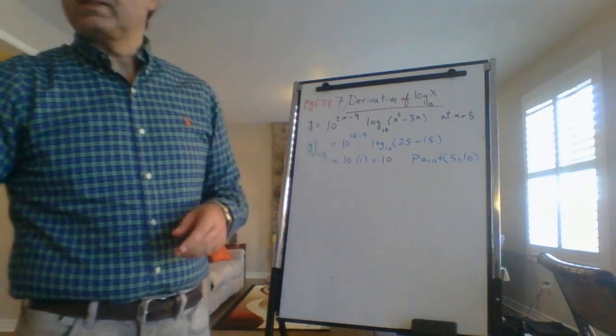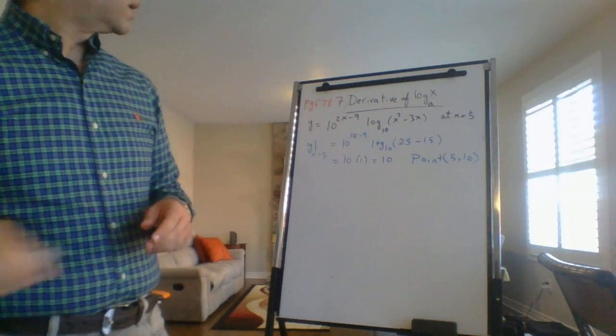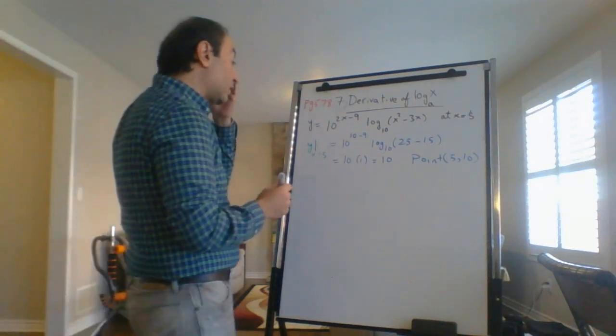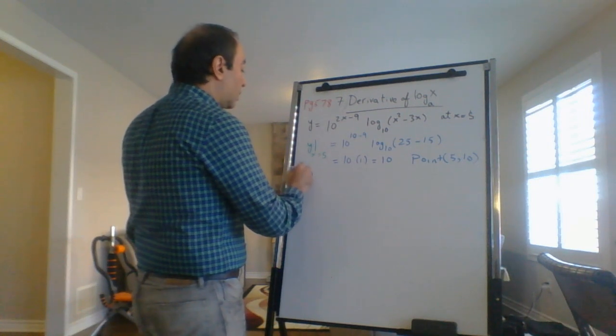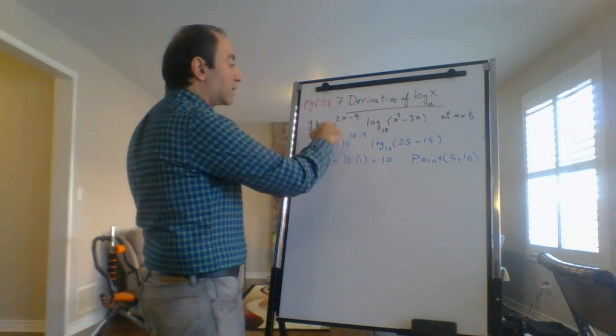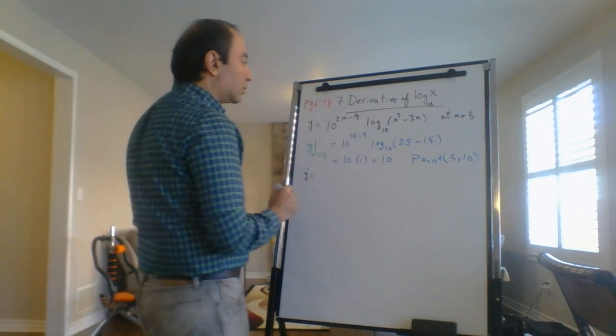Now we need to find the slope of the tangent line. The slope of the tangent line is the derivative at x equal 5. So I need to find the derivative. Y prime will equal, this is a product of two functions, so I have to use product rule.